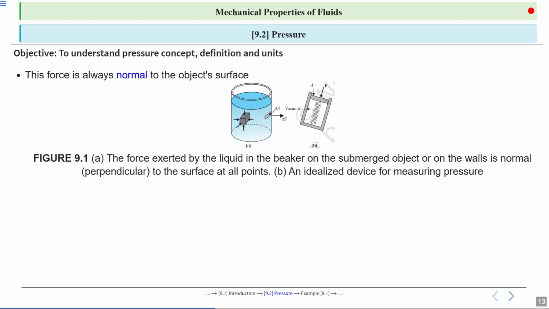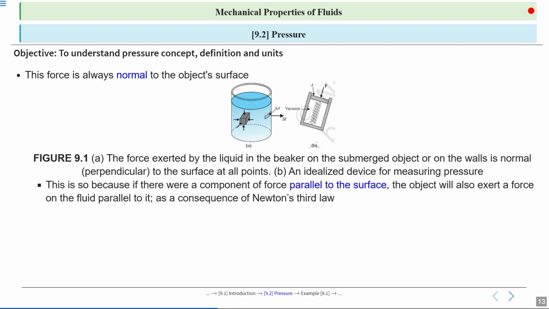So look at figure 9.1a. A small object, and the forces are applied from all directions. This is so because if there were a component of force parallel to the surface, the object would exert a force back on the fluid in the same direction. According to Newton's third law, this would cause movement, which does not happen when the fluid is at rest.